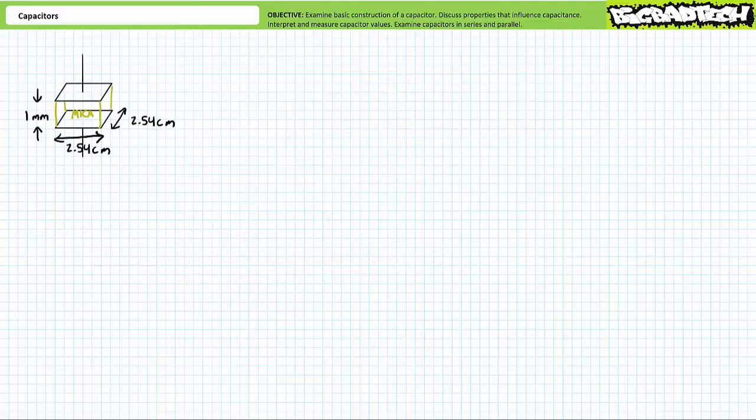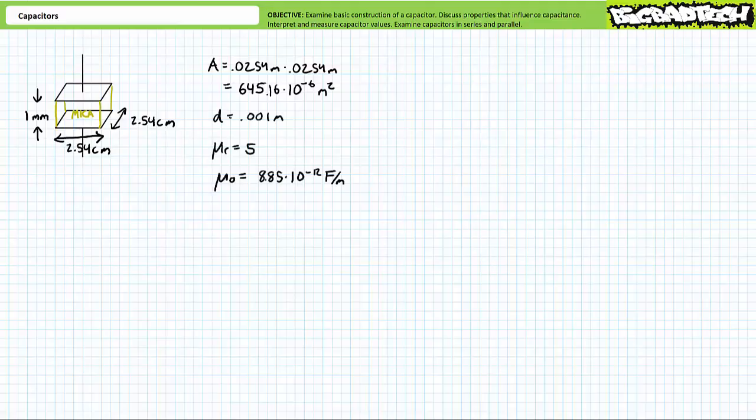Consider a capacitor with square plates having a side length of 2.54 centimeters or 0.0254 meters, roughly an inch by inch for the ignorant savages scavenging trash in the wasteland. This represents a functional surface area of 0.0254 times 0.0254 meters, or 645.2 times 10 to the negative 6 meters squared.